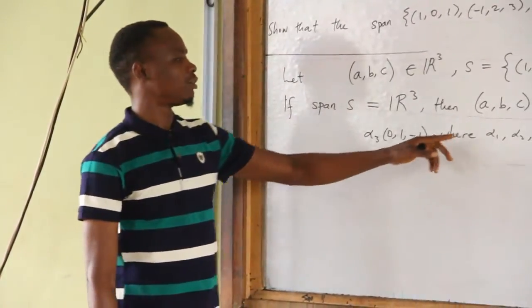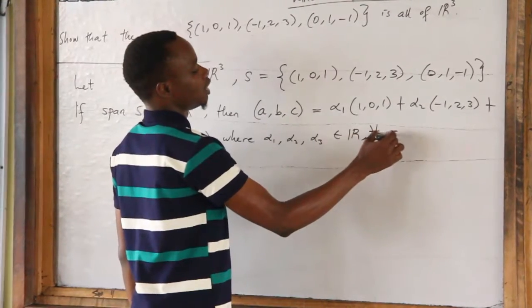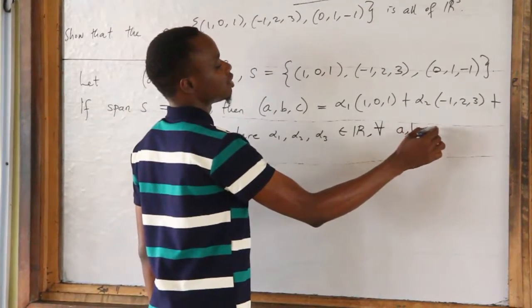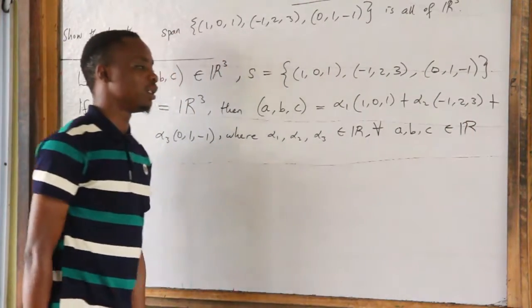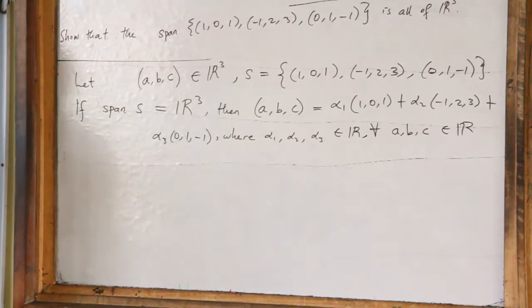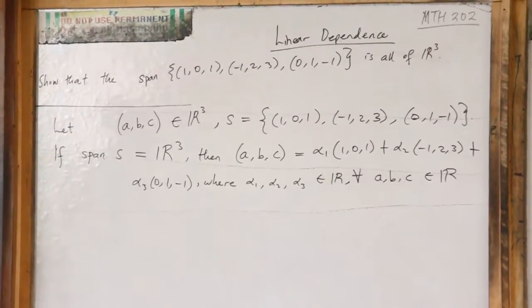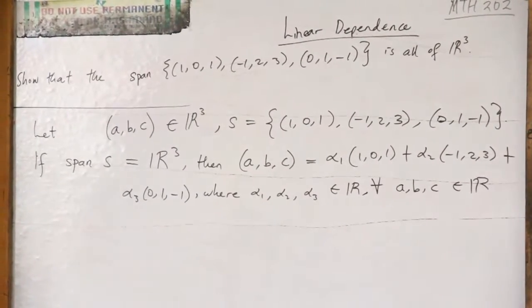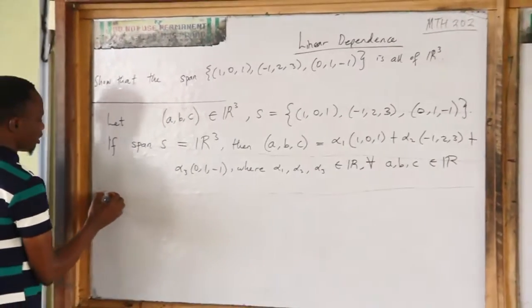And this should be writable for all a, b, c that are real numbers. This should be expressible for any combination of real numbers a, b, c. So this is what we want to establish now. So that means that if we have this, we have now an equation. Please pay attention.